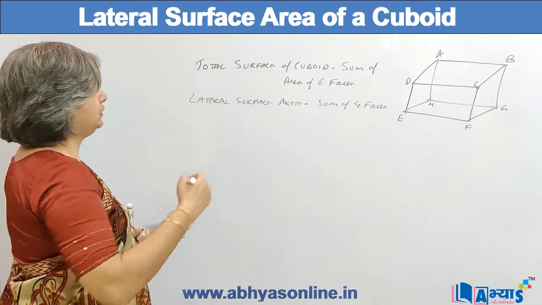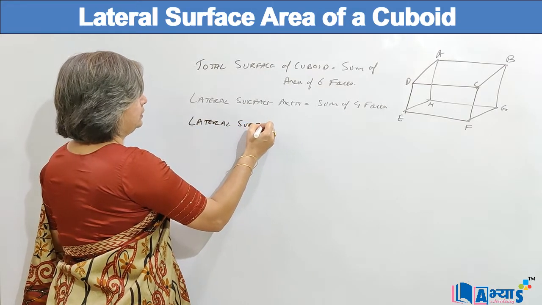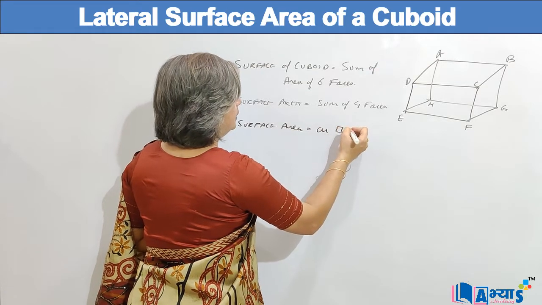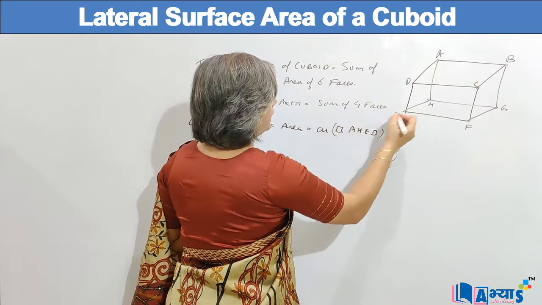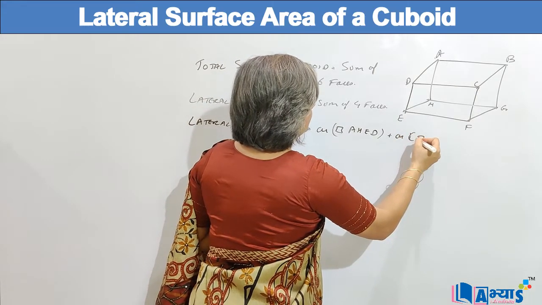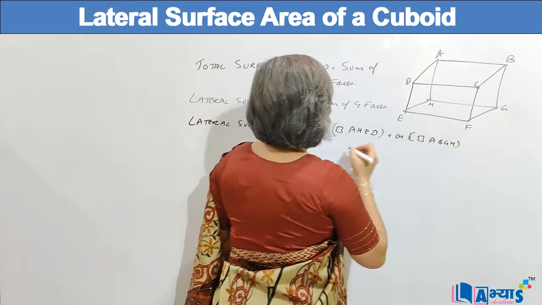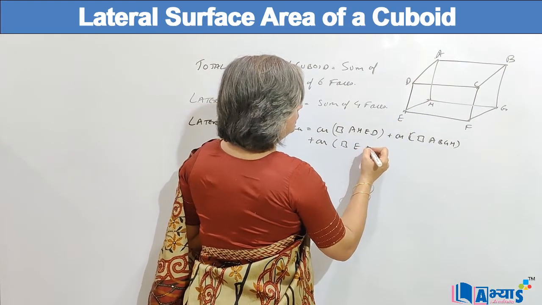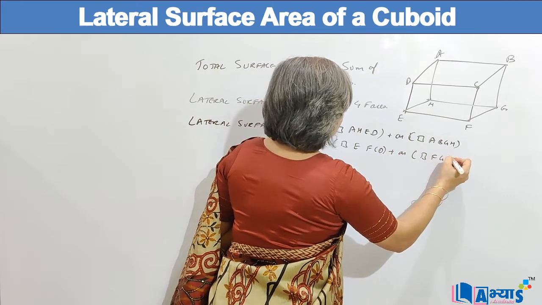So lateral surface area will be equal to the area of rectangle AHED plus area of the front face, that means ABGH, plus area of rectangle EFCD plus area of rectangle FGBC.